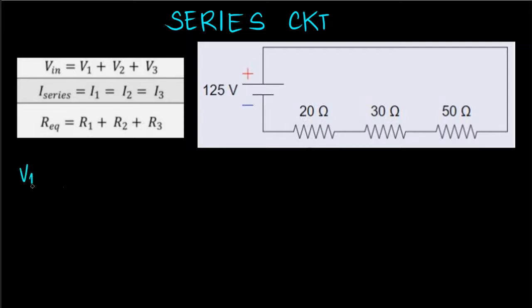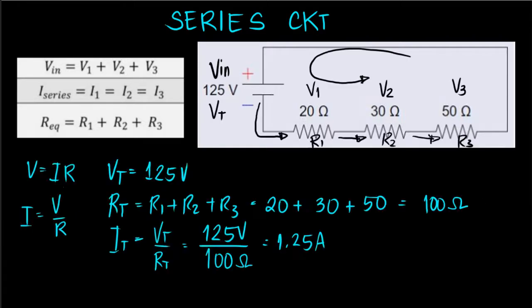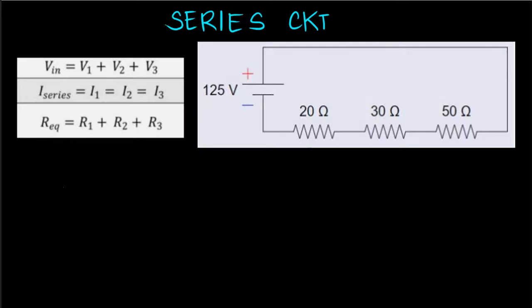So we are looking for V1, V2, and V3. For V1, we need I1 and R1. We know R1, which is 20. But what is I1? From this table, whatever the total current is, that is the current in every component in series. So going back to what we solved earlier, it is 1.25 amperes. It is important that you always note the total values.